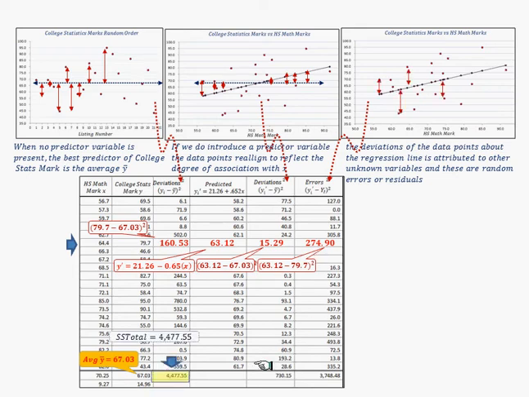Now we're going to look at these totals here. The total deviations, y from y bar, 4477.55. The deviations of the points, if they were on this regression line, from y bar, 730.15. And finally, the deviations of the data points about the regression line, 3748.48.